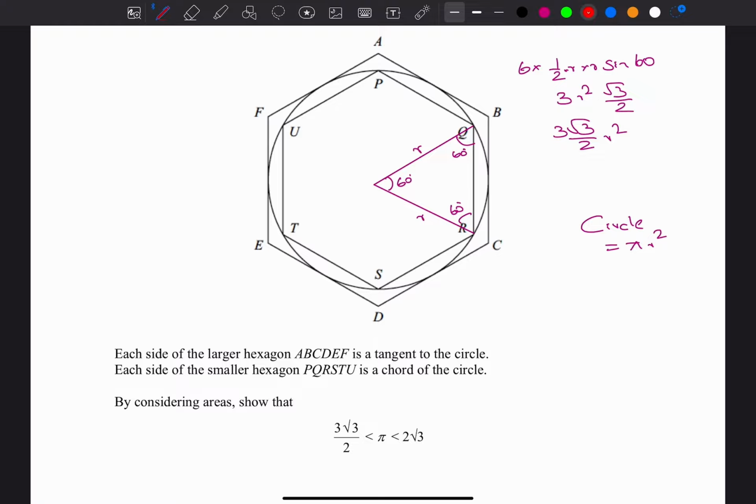Let's look at this one. From here to here is r. That's the radius. What else do we know?